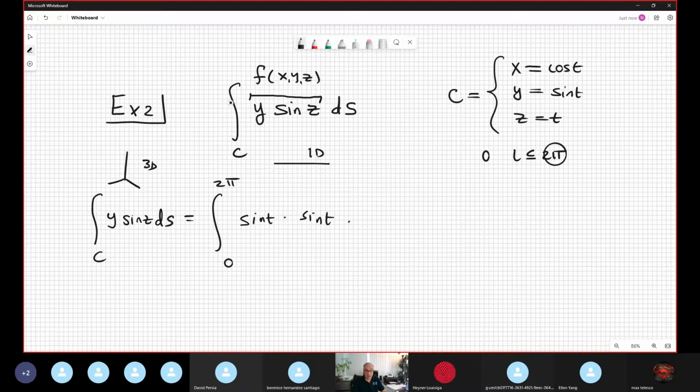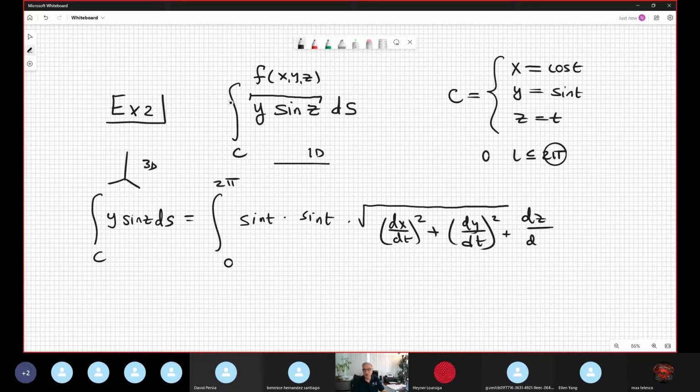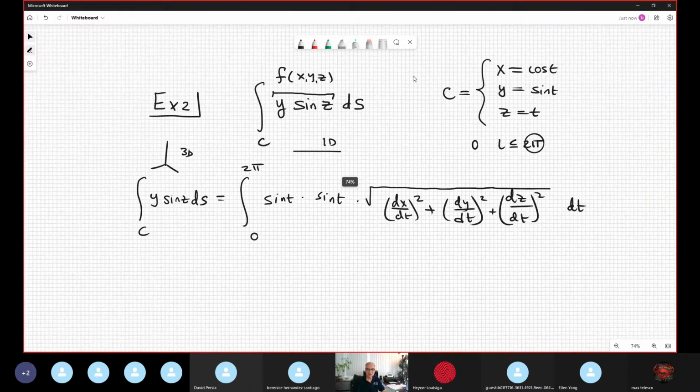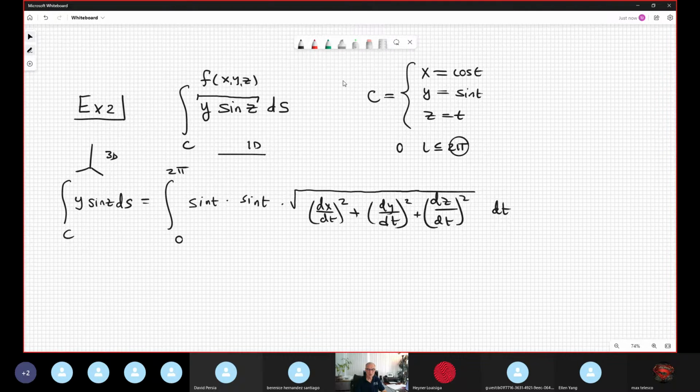And ds, remember the formula, is a square root of the derivatives: dx dt squared plus dy dt squared plus dz dt squared. And don't forget dt outside. Easy. You differentiate the parametrization. Okay, dx dt is minus sine t.